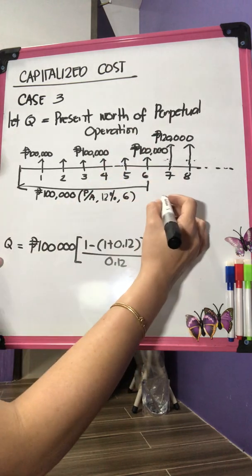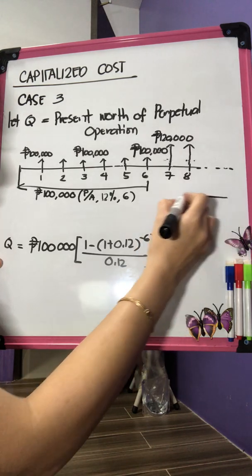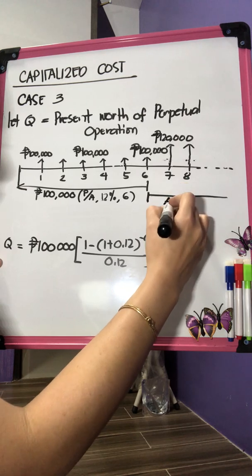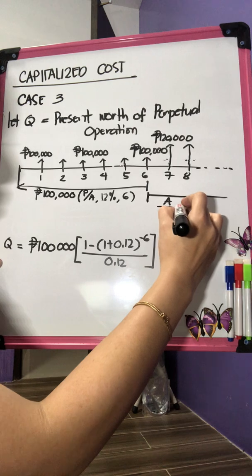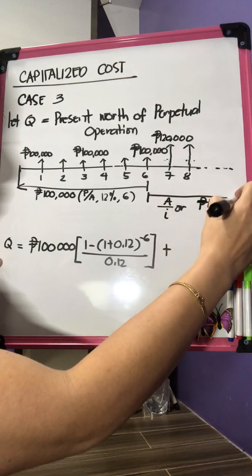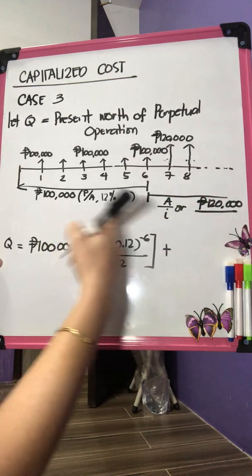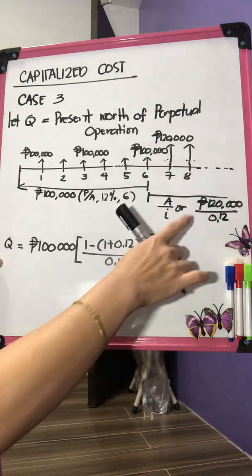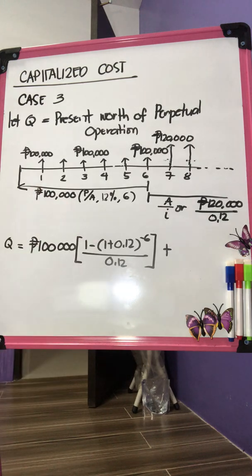That is equal to A all over I, or yung ating annuity, which is equal to 120,000 all over yung ating rate of interest na 12%. So, annually naman yan, all over 0.12. Kasi this is application of perpetuity. Again, why? Kasi thereafter indefinite yung time natin.